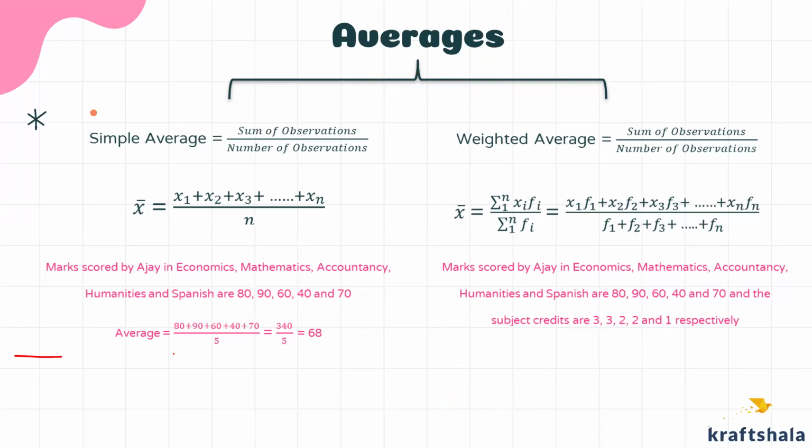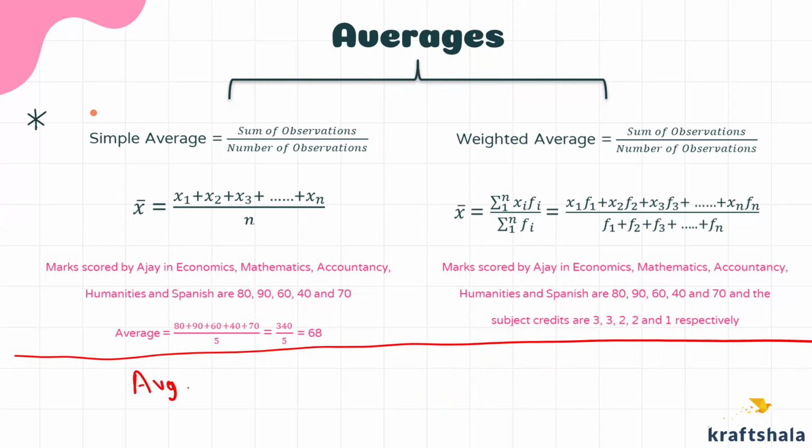For example, suppose the average age of a certain batch is 23 years. So what does this mean? Let's say the batch is of 10 students, just for the sake of clarity. One case can be that each of these 10 students has the same age, 23 years each.